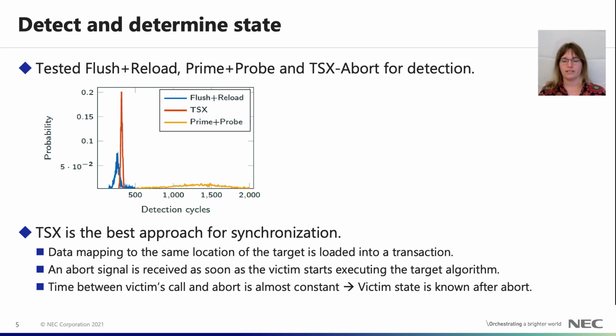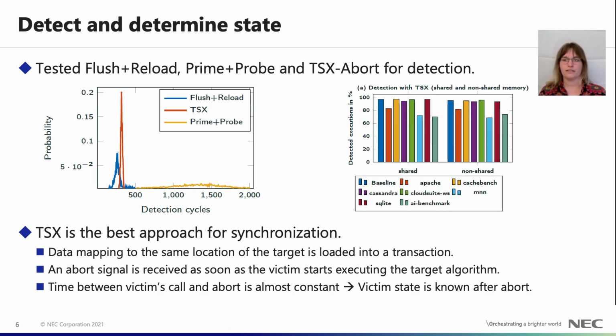For detecting with TSX, we first load data that maps to the same cache region as the victim's code into a transaction. As soon as the victim starts executing, our data will be removed from the cache, which will cause our transaction to abort. We can then wait for the abort signal, and since that always comes at the same time after the actual abort, we know which state the victim is in when we receive the signal.